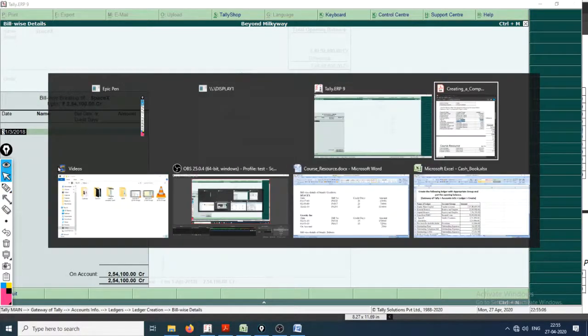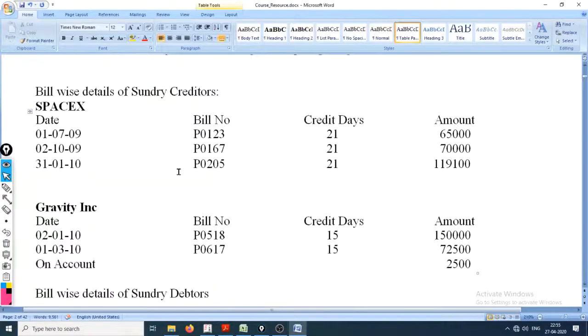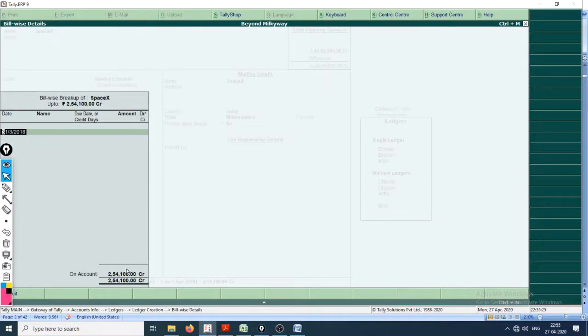So this one right here says SpaceX, that is 1st September. Credit period is 21 days and the amounts are these. If you sum those up, it will give you a tally of 254100.